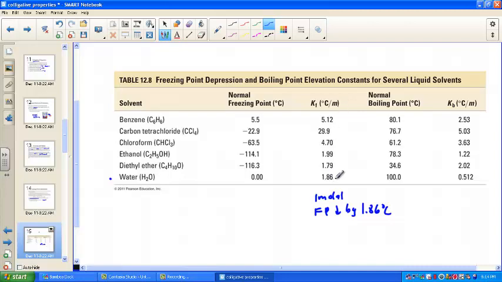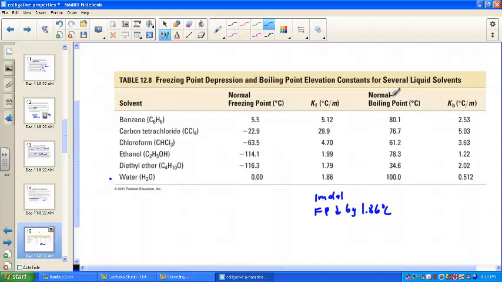For a 1 molal solution, the freezing point will drop by 1.86 degrees Celsius. So water isn't going to freeze at 0, it's going to freeze at 0 minus 1.86 or negative 1.86 degrees Celsius. If I create a 2 molal solution, I've now depressed it by almost 3 degrees, and so forth. So for every 1 molal, we affect the freezing point.